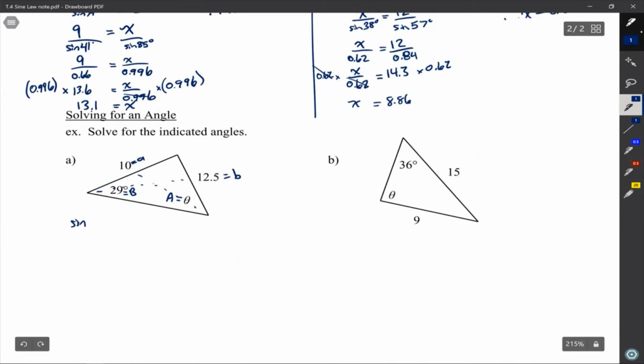Sine of angle A over side length A equals the sine of angle B over side length B. And then we'll substitute in our known values.